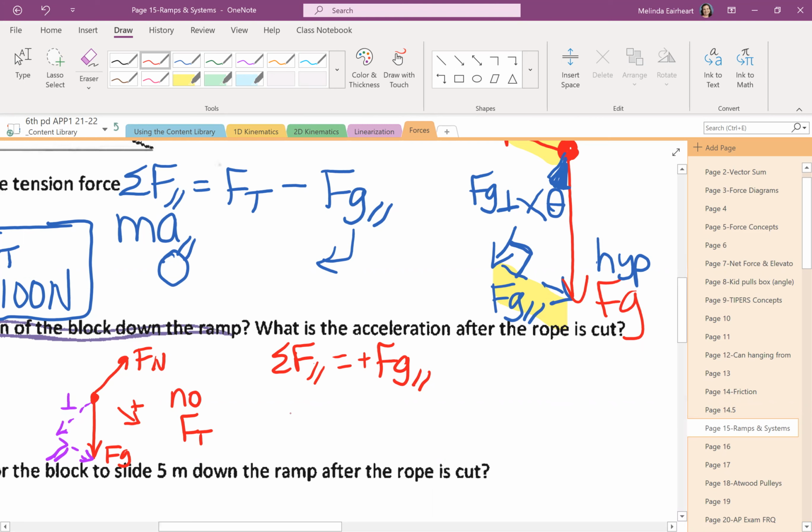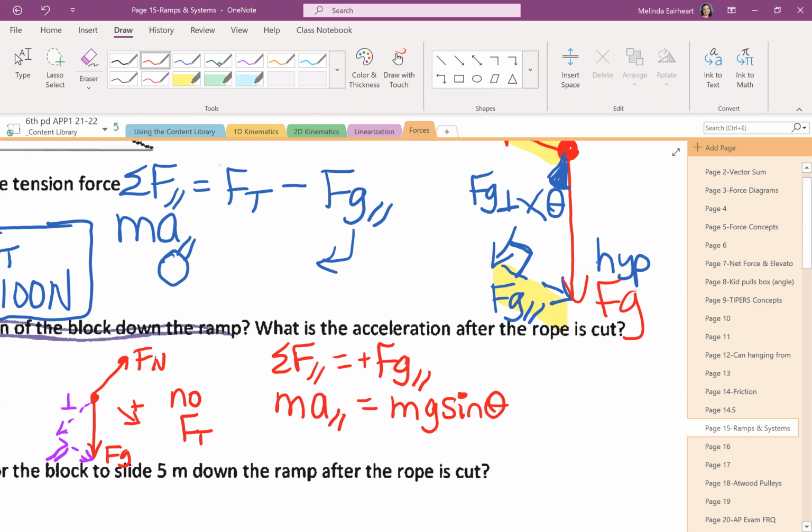MA. Next time I ask, I want everybody to say it. FG parallel, we're going to use what function? Sine, same as before, but MG sine theta. And we're going to solve for acceleration. Now, y'all, even though they gave me the mass, I got mass on the left, mass on the right. Everybody brought mass. So what can we do?